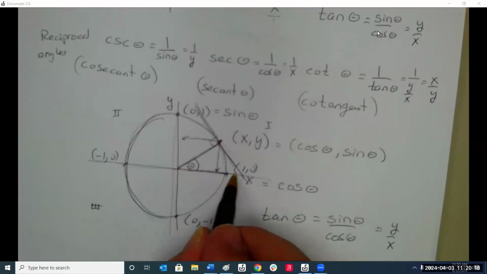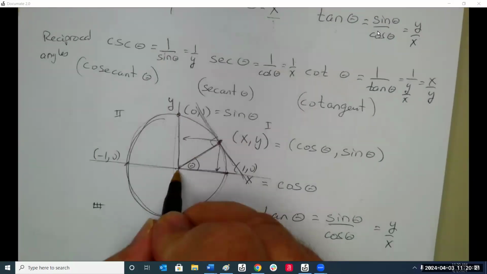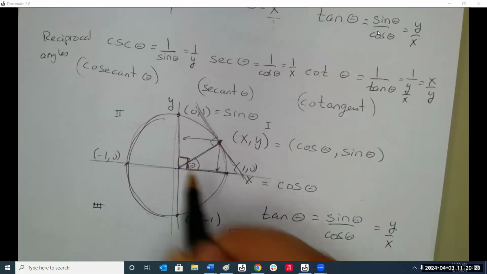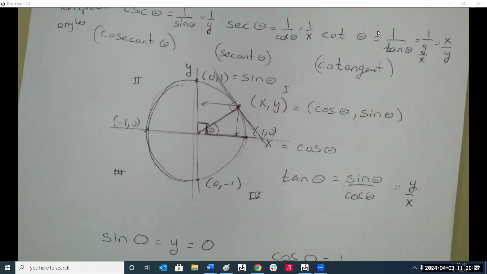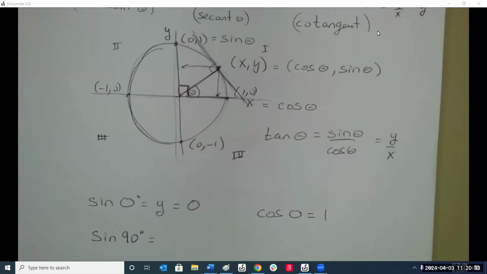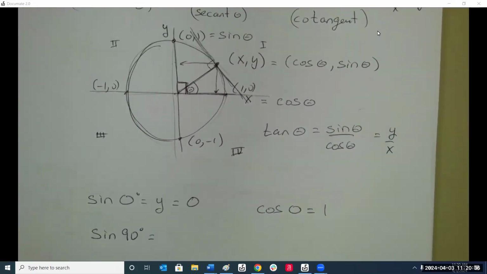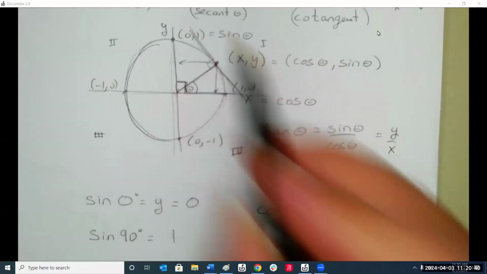Now, at a right angle, what degree is that box right there? It's 90 degrees. So what is the sine value at 90 degrees? 1, because that's the y value.